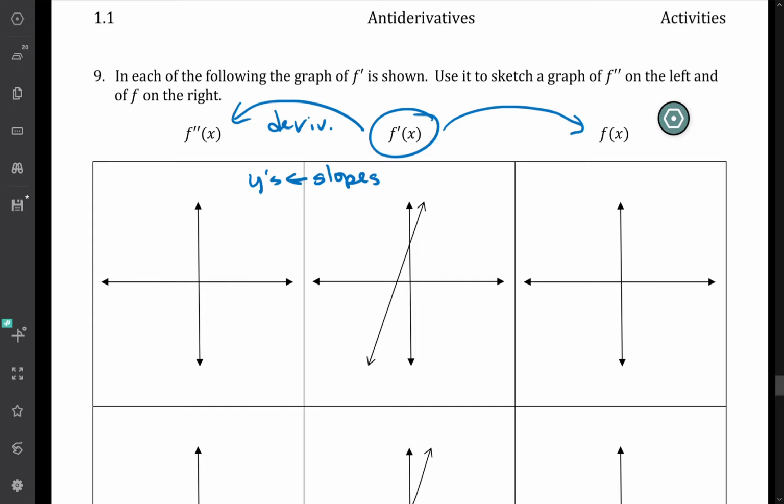So if I'm looking at the graph that I'm starting with, this linear function, I can see that it always has the same slope, and that slope is always positive. So constant positive slope becomes constant positive y value, which looks like this. Basically, no matter what x coordinate you pick, you're always going to get the exact same slope, which means your derivative will always have the same y value.